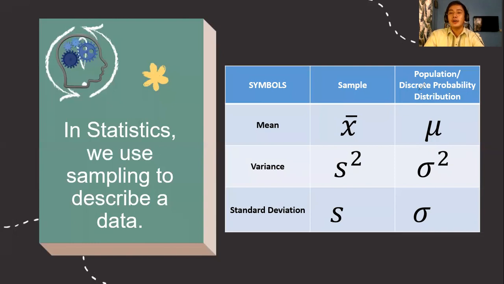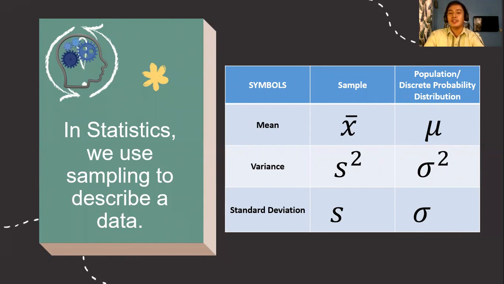And then for the variance of the discrete probability distribution, or sometimes the variance of the population, we use sigma squared. This is the small letter sigma, because a capital letter sigma looks different. This is the small Greek letter.